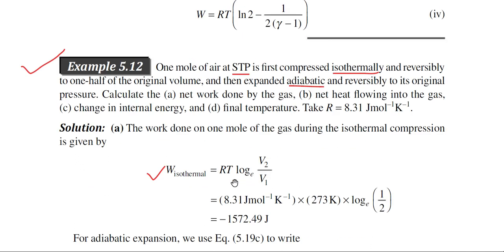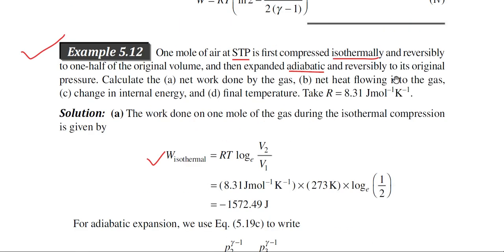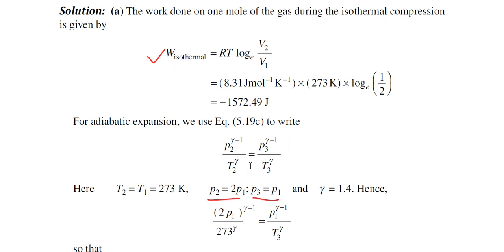In the next state, you are expanding the gas adiabatically and reversibly to its original pressure. So finally the pressure becomes its initial value. So P3 is equal to P1.